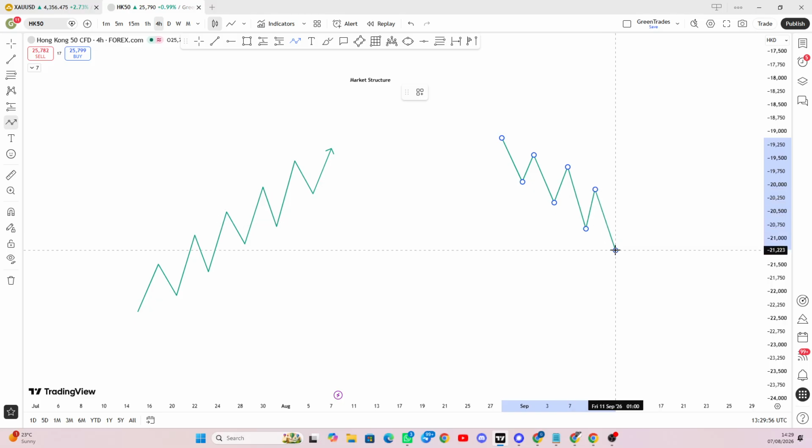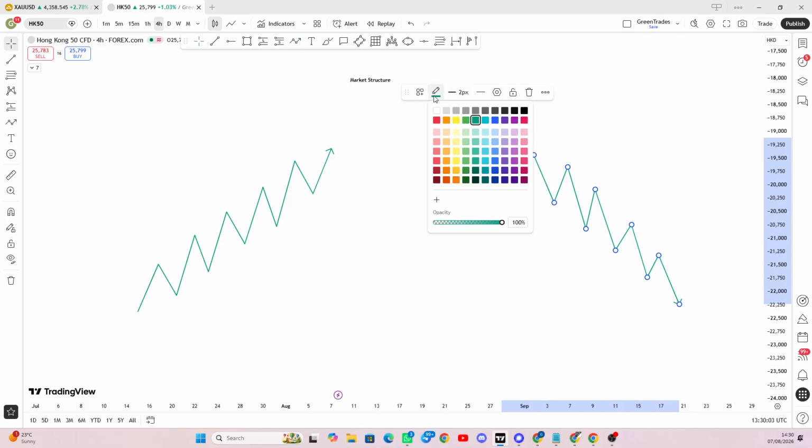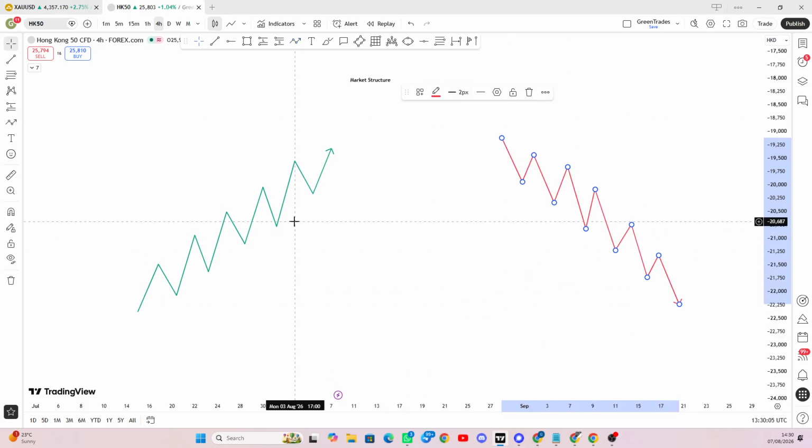Lower highs and lower lows being formed is an indication of the market being bearish, right? So let's make this one red. This is an indication of the market trying to go up because there are higher highs and higher lows being formed. And obviously, when the market is bearish, that's lower lows and lower highs being formed.